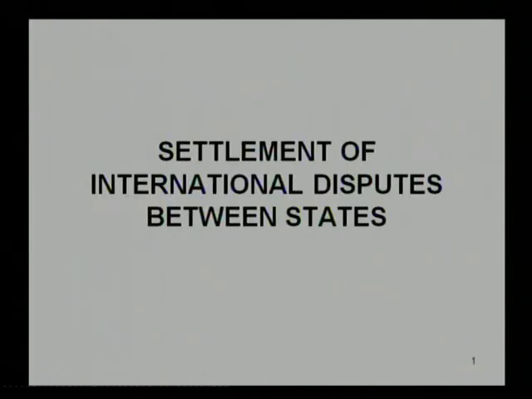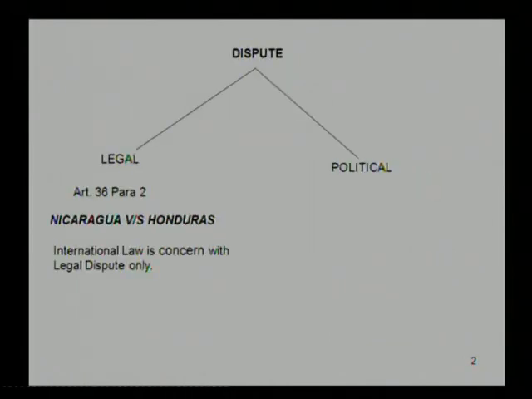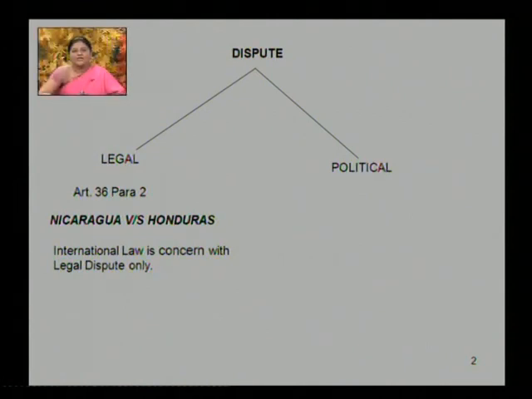Let's go through slide number 1, which says that dispute includes two kinds: one is legal dispute, the second is political dispute. Both are considered as dispute in international law.